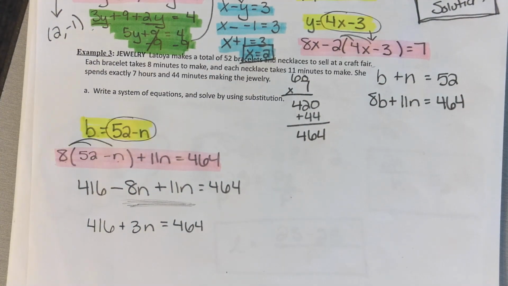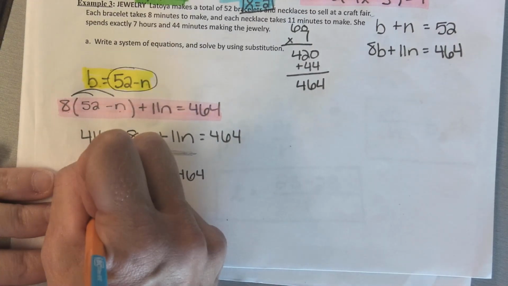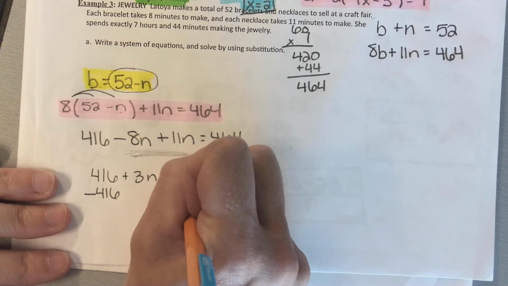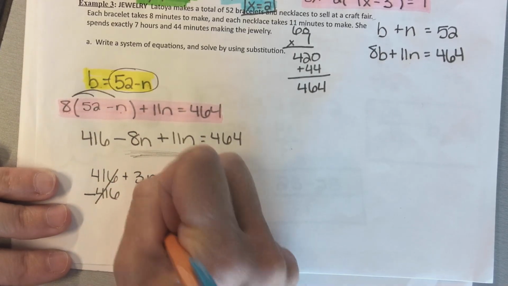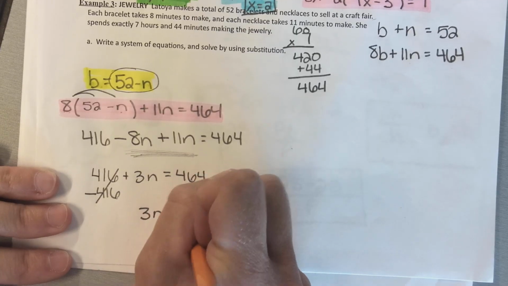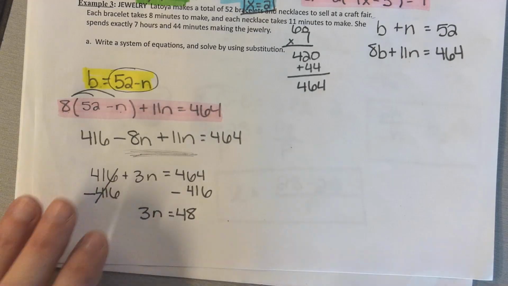Okay. Now, I'm trying to get n alone. What would be a good next step? Yeah, let's subtract away the 416. So I get 3n equals, I'm hearing 48. Okay. And then what would be your last step to find n?